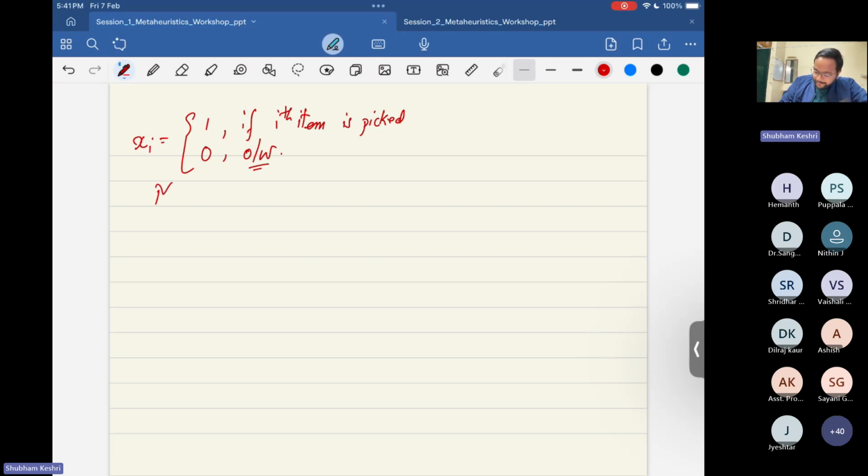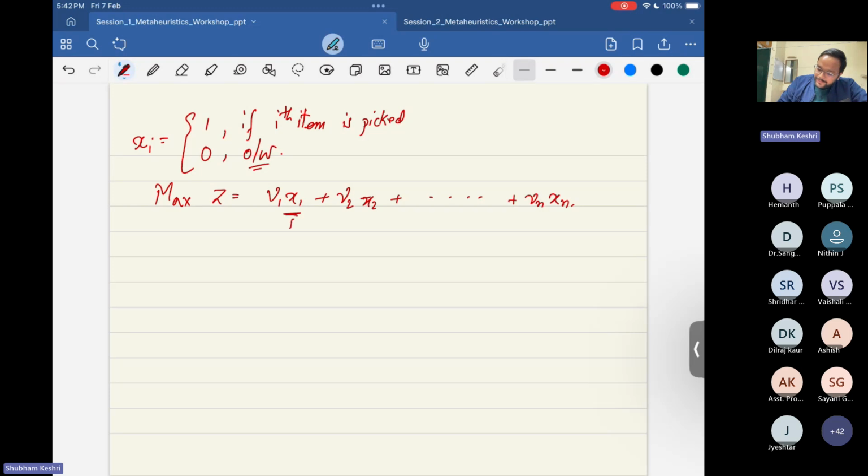The objective function which he wants to maximize will be w1 x1 plus w2 x2 plus dot dot dot wn xn, right? Sorry, not w1. Please correct me if I am doing wrong. It's not w1, because v1 is the value of the item. So v1 x1 plus v2 x2 plus dot dot dot vn xn.